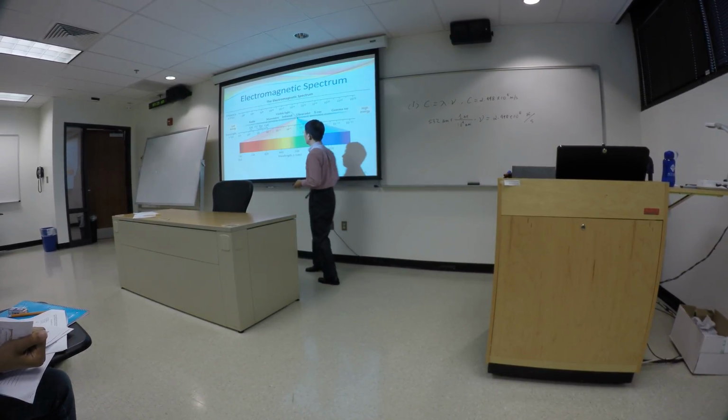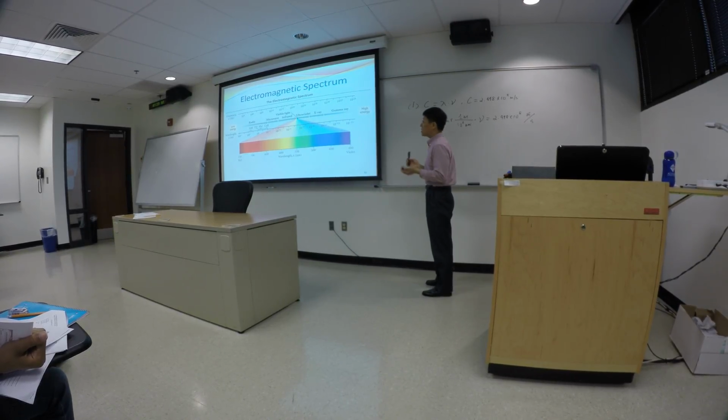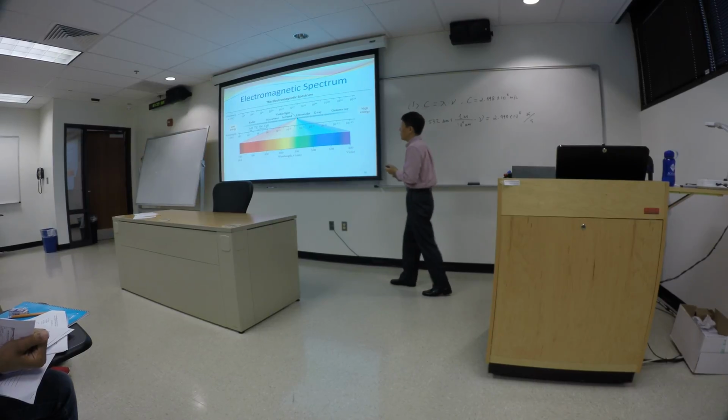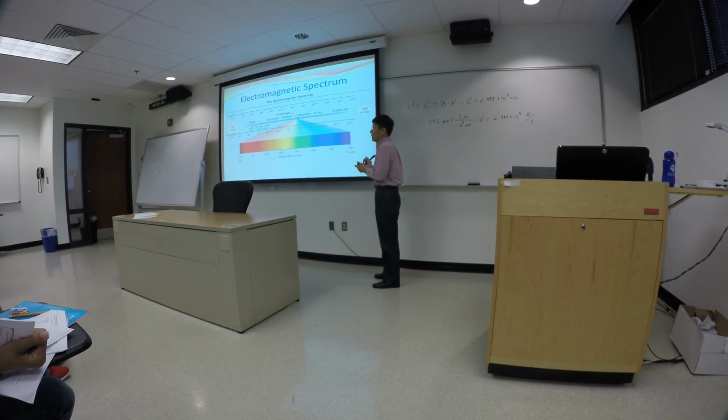When we're looking at the electromagnetic spectrum, I need you to pay attention to the sequence. As you saw in the video, it starts with the very short wavelength of gamma rays and goes all the way to the very long wavelength of radio waves.